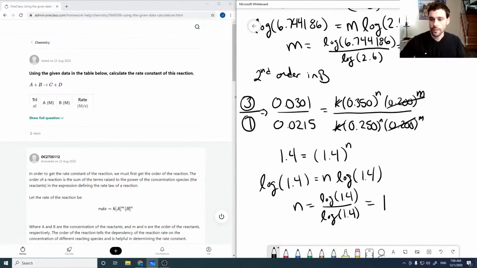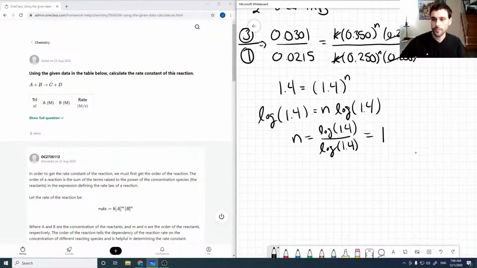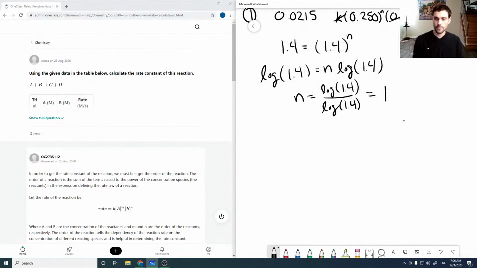So now we have both N and M. It's first order in A. So our rate law is K concentration of A to the 1, concentration of B to the 2.